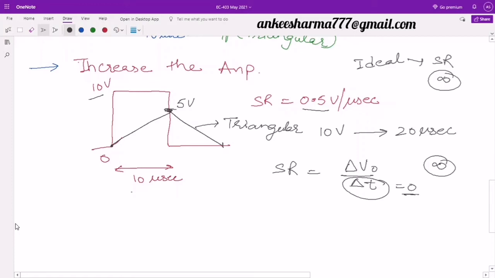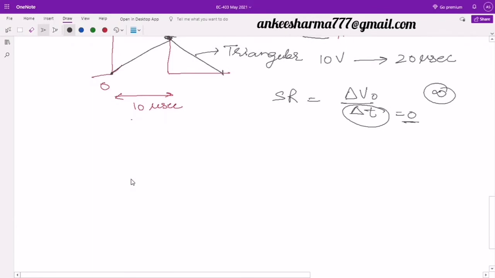Right, so let me take an example over here. Okay, before taking an example, let me take one more scenario, that is the effect of slew rate on sinusoidal signals. Now what is a sinusoidal signal?